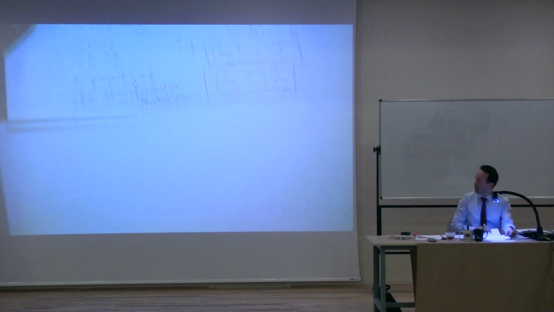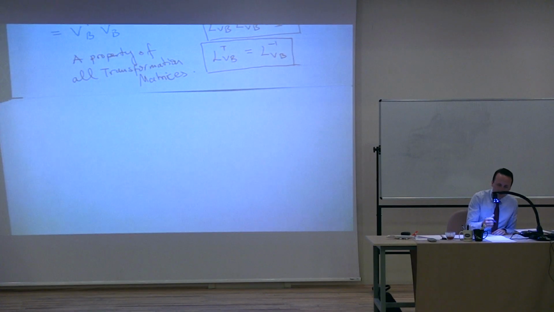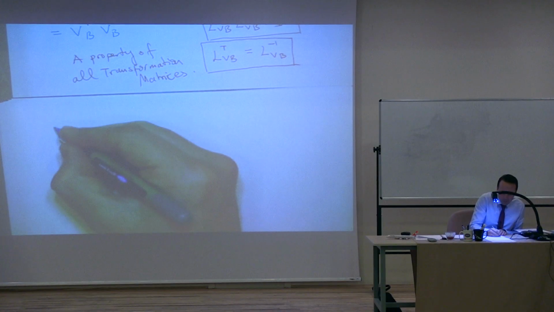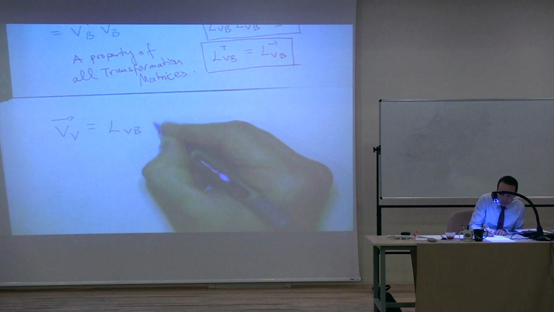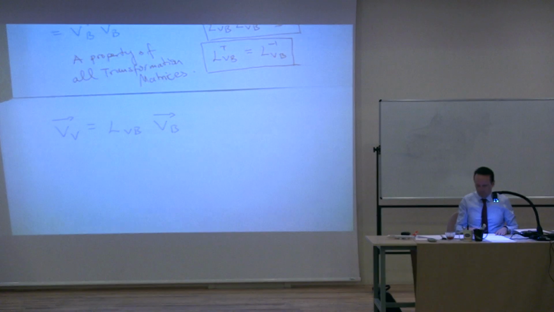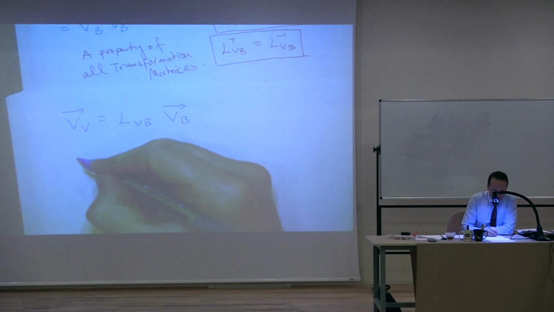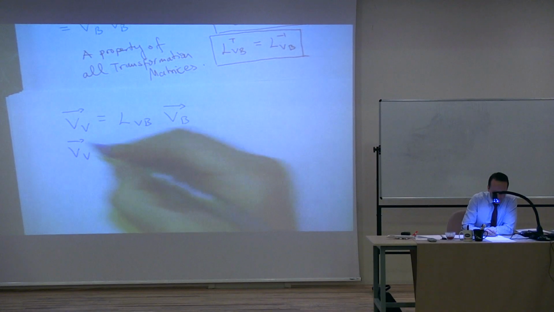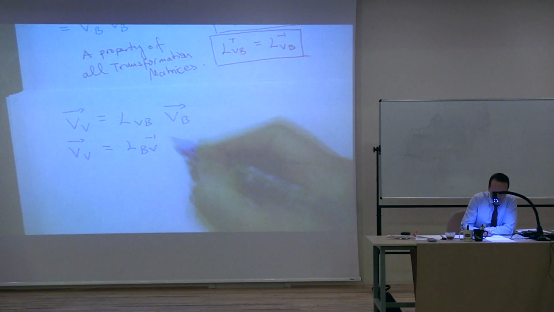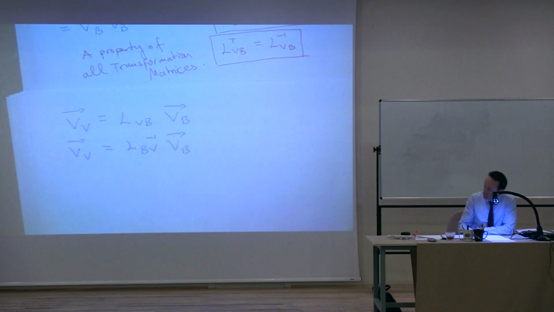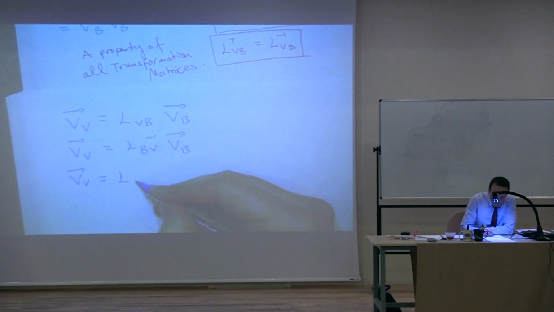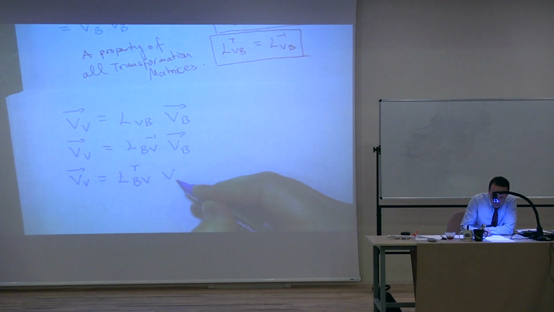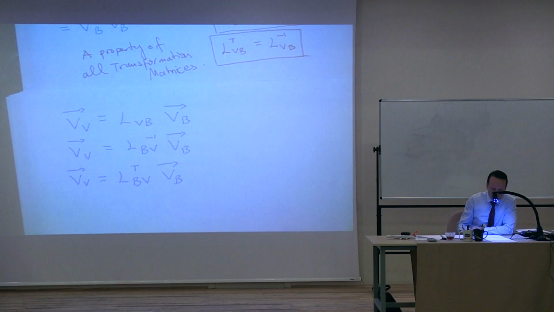So that means the following. VV is equal to LVB B. LV is equal to LBV minus 1 VB. But it is also true that LBV transpose is equal to L times this.